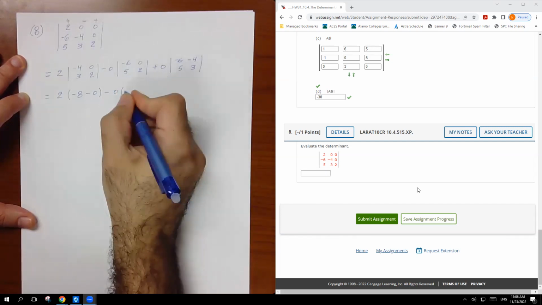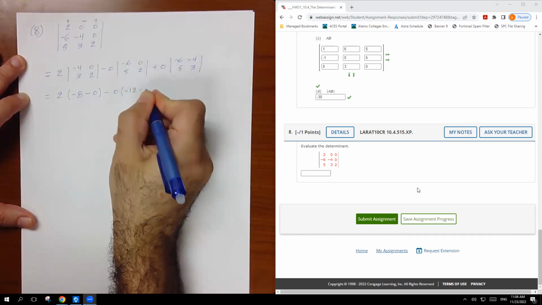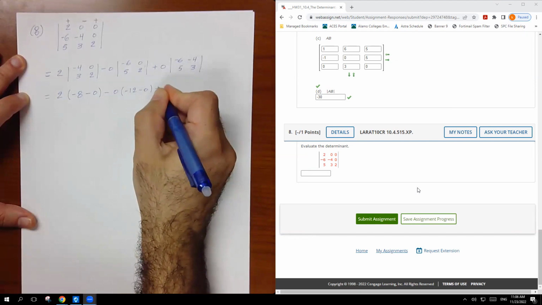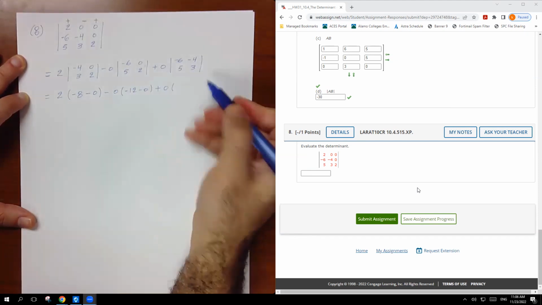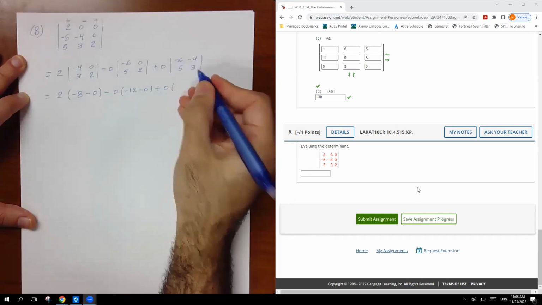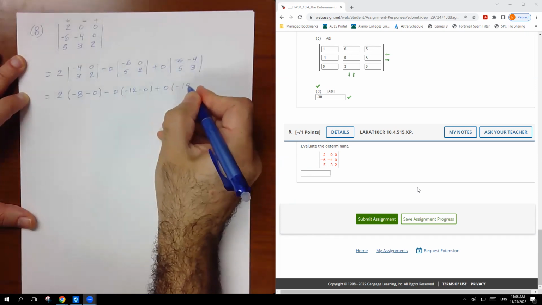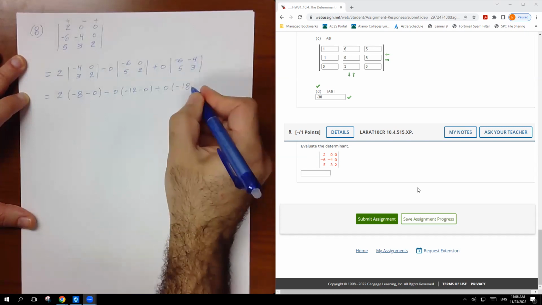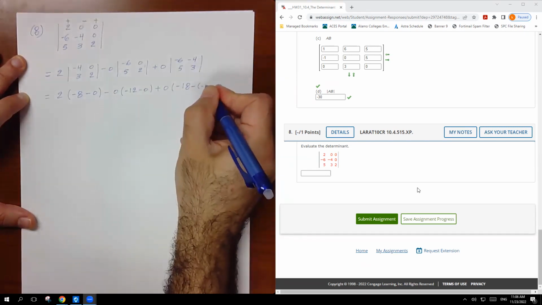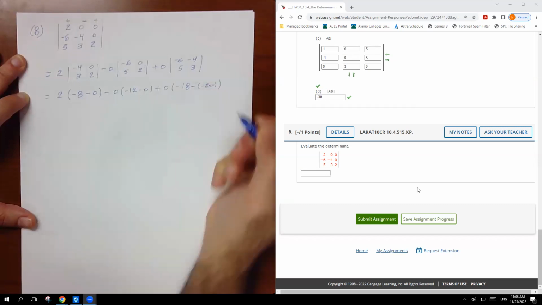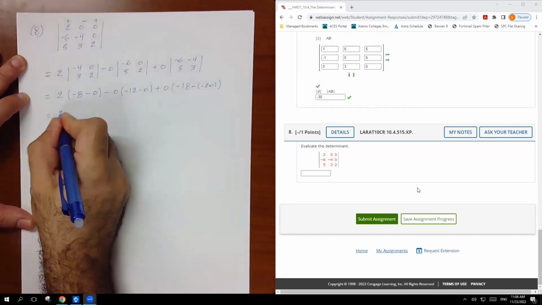If you got here -12 minus 0, a plus 0. I'm just going to do the steps, but this one is going to be 0, and this one is going to be 0. -6 times 3 is going to be -18, minus -4 times 5 is going to be -20. I'm just doing the steps, so you're going to practice.